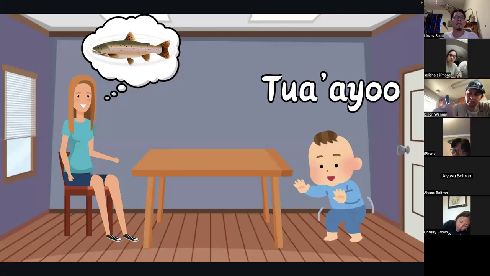Whereas this other word, tla'ayu, refers to more of a child, like a toddler just learning to walk. Some people pronounce it with the H, tla'ayu. So either way is fine, indicating a toddler. Okay, toddler, tla'ayu.